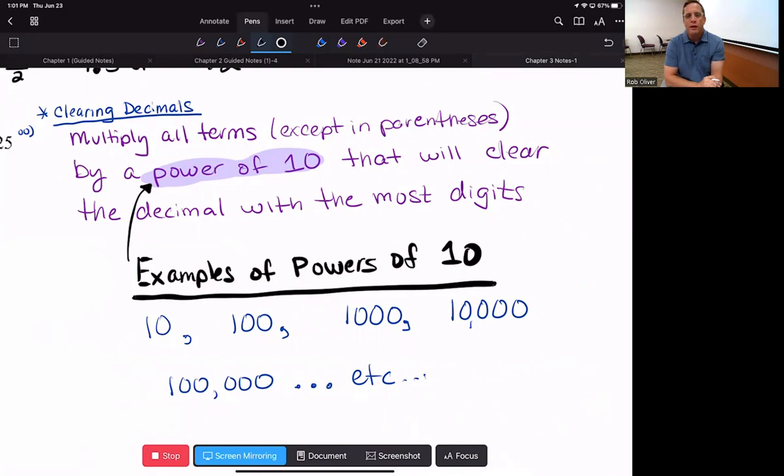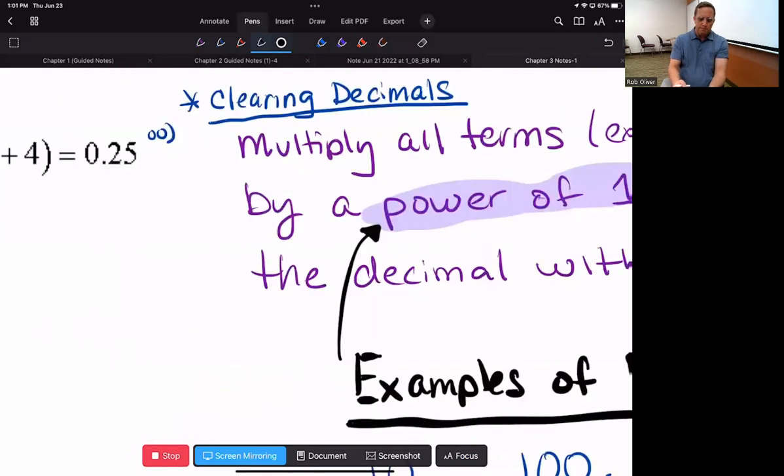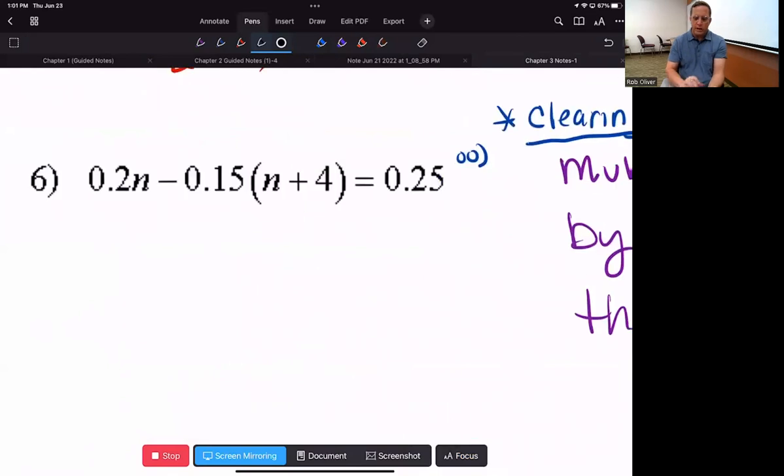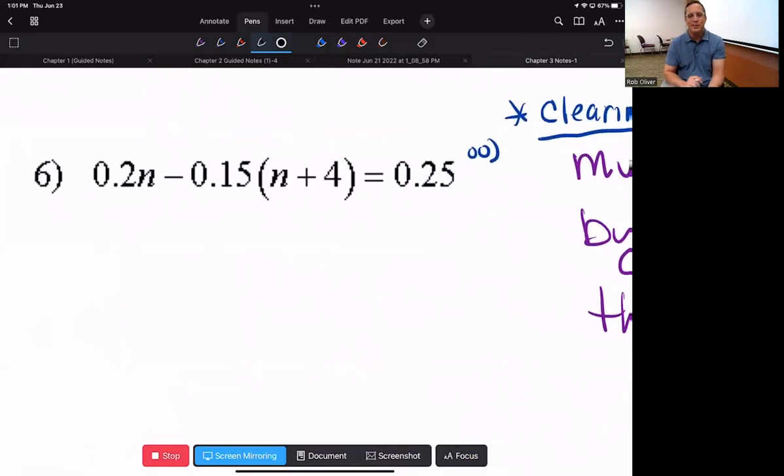And then that will clear the decimal with the most digits. So you want to look at the problem here and find the decimal that has the most digits. This one has 1 number after the decimal place. This one has 2, and so does this one.